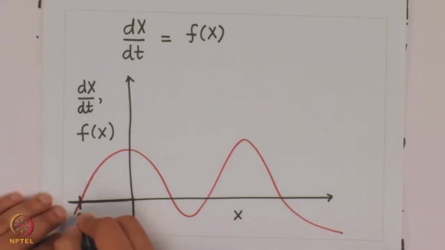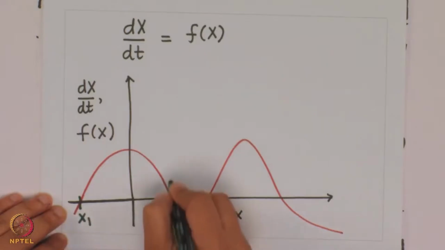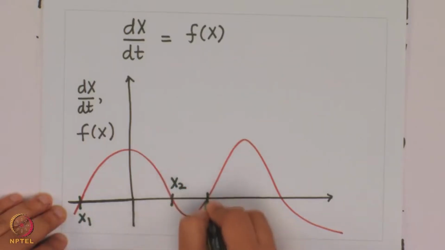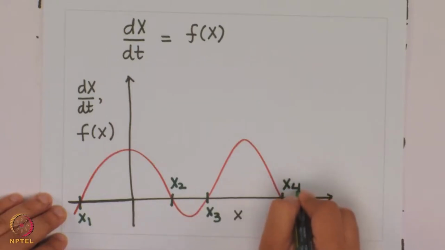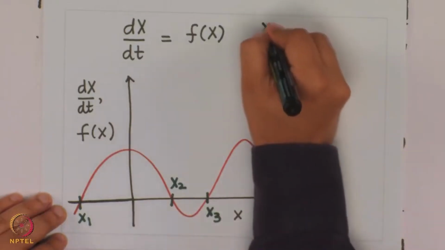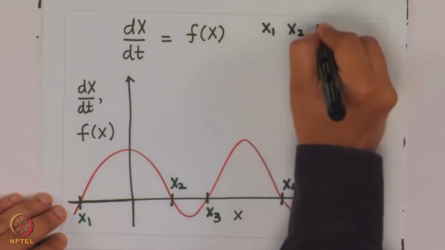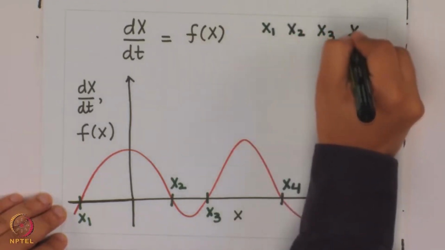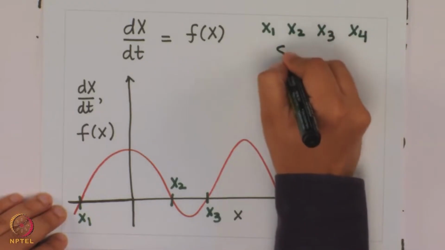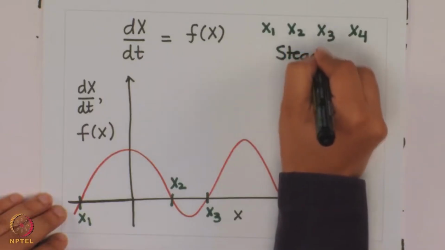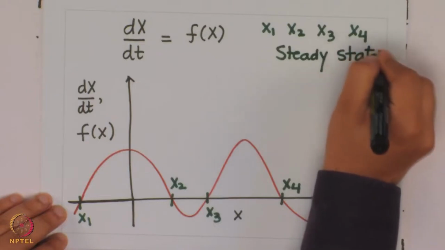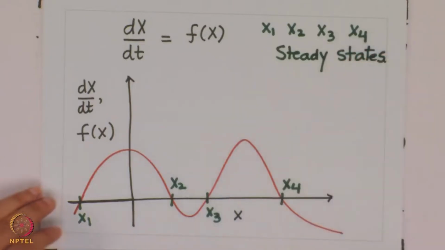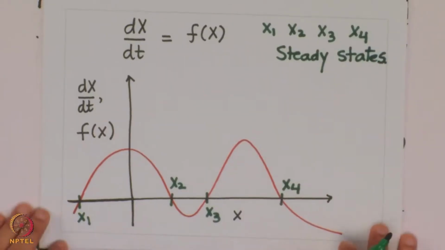So, you have x1, x2, x3 and x4, and x1, x2, x3, x4 are my 4 steady states of this system. So, the first thing that you want to do when you are analyzing stability of a dynamical system and its steady states is identify these steady states.